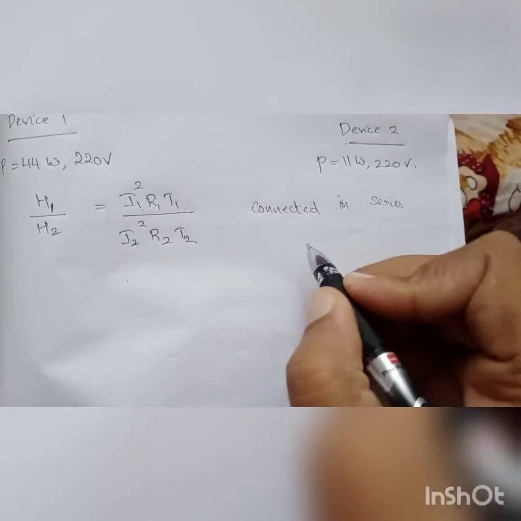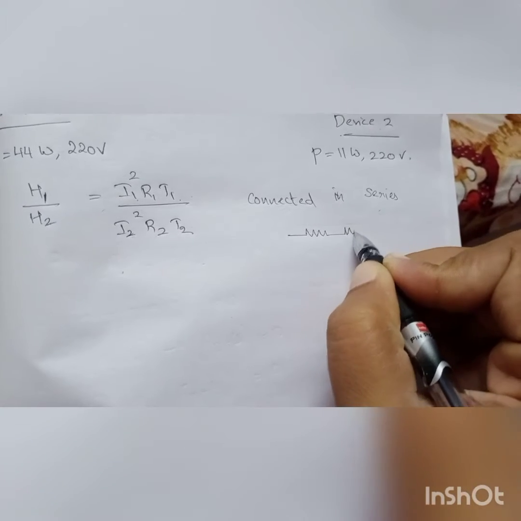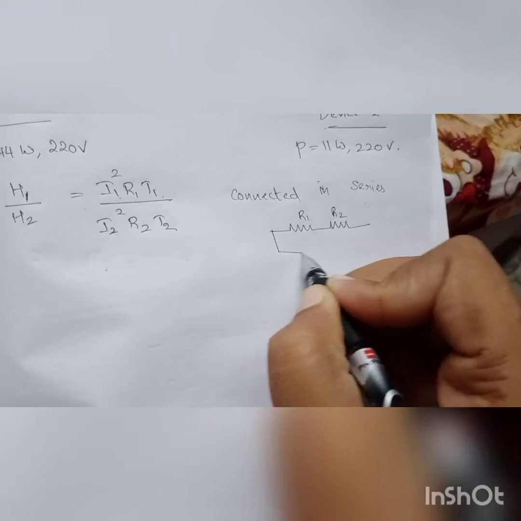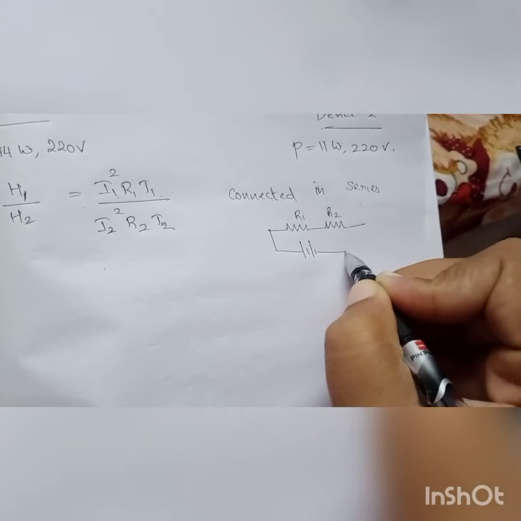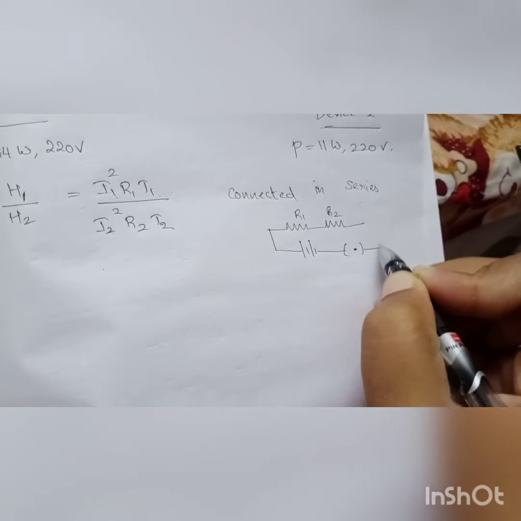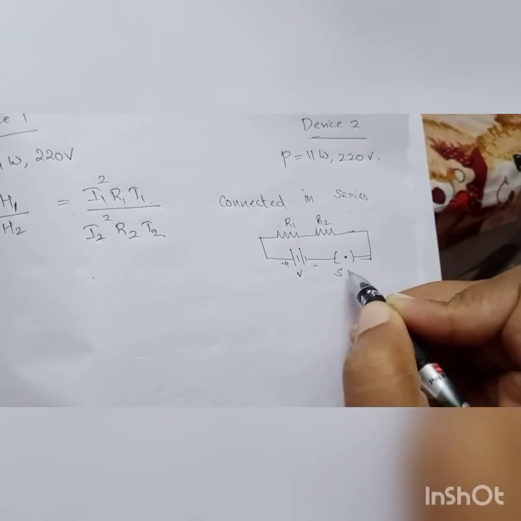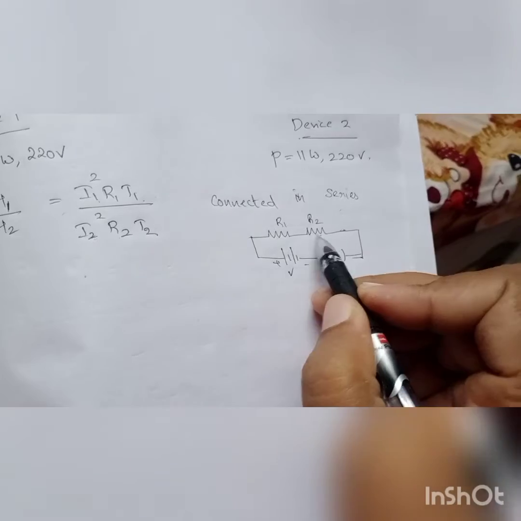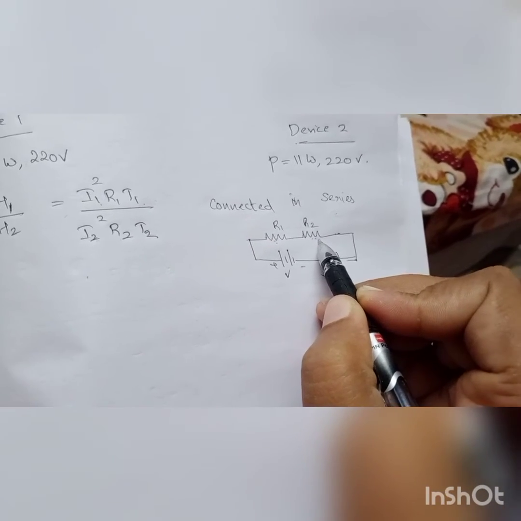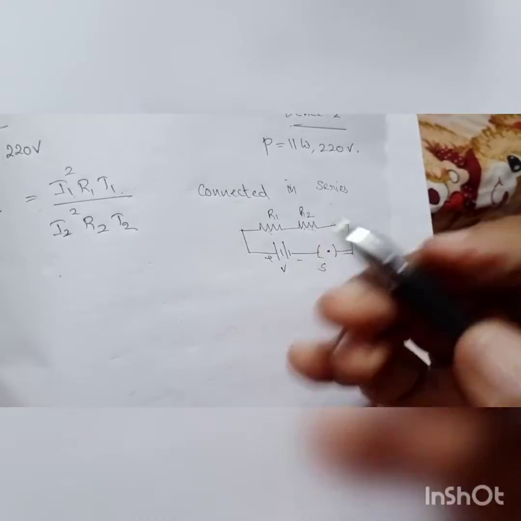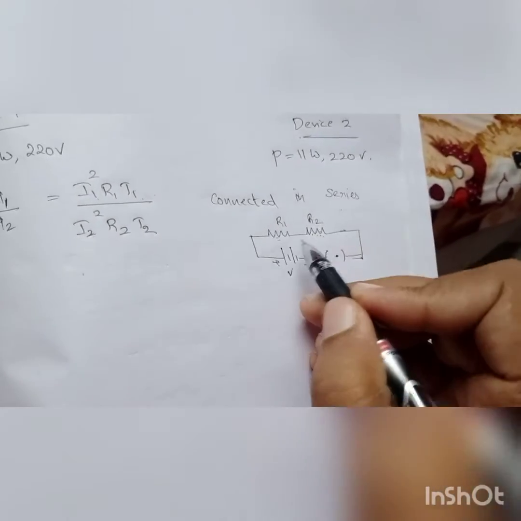What does it mean? For example, I'm considering two resistors R1 and R2, and I'm connecting them to a voltage source and a switch. Now if the switch is on, what happens to these two devices? When the switch is on, both the devices will turn on at the same time because they are connected in series.